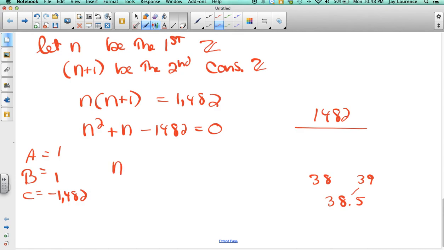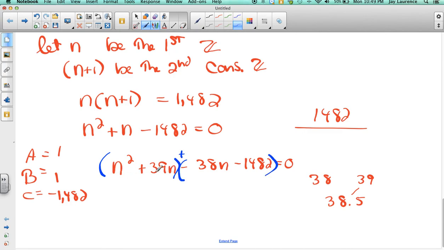So I'm going to get n squared plus a 39n minus a 38n minus 1,482. Now some of you are thinking, oh my gosh, this is such a hard problem. Not really. Not really at all. If you work smart, it can be done fairly easily.